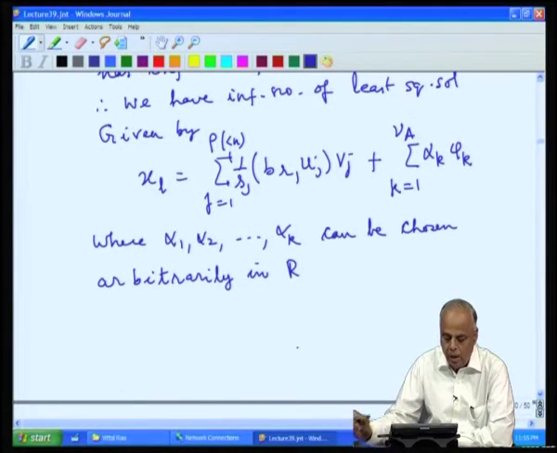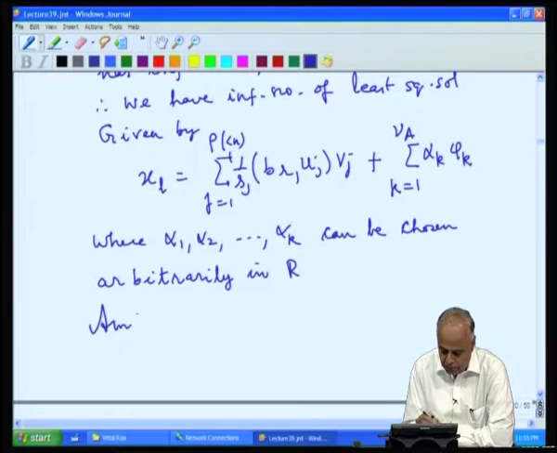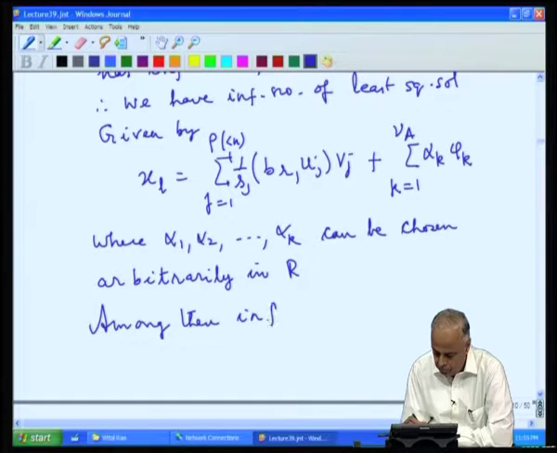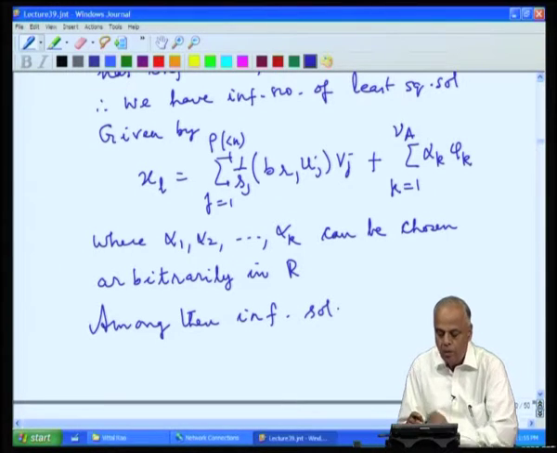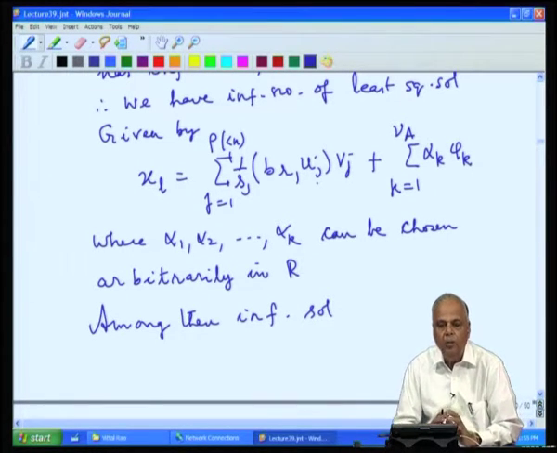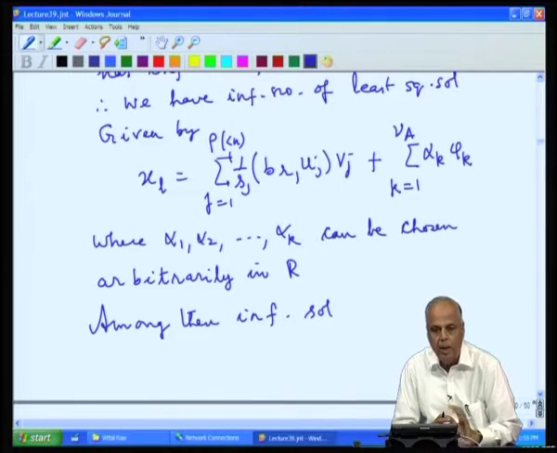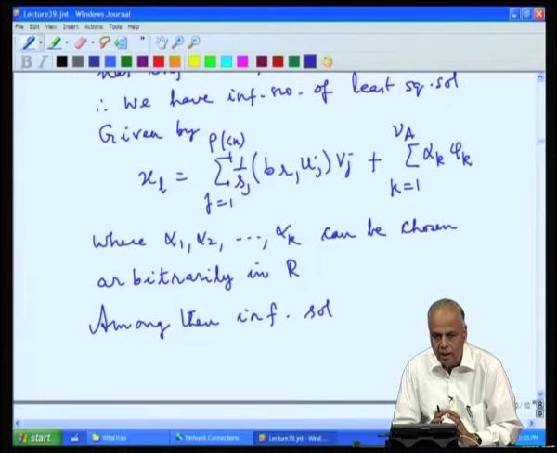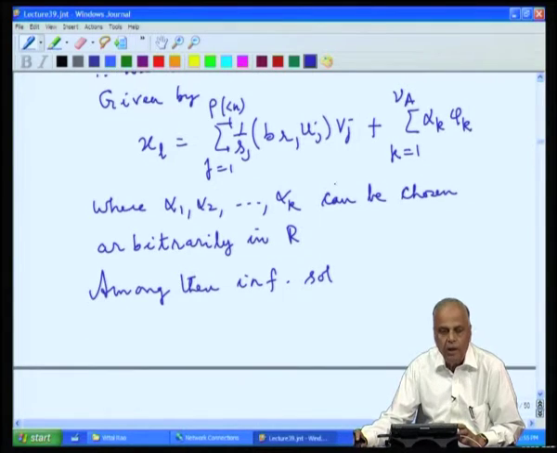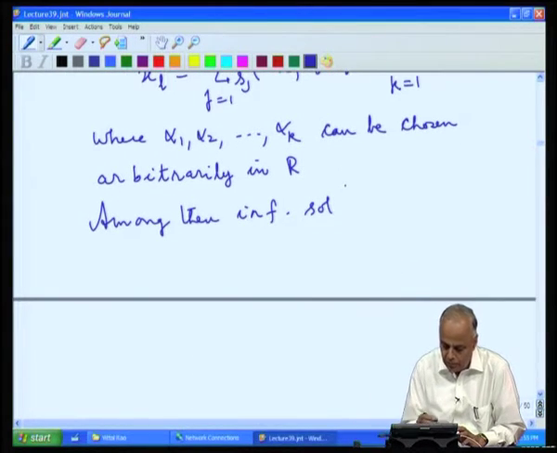So, now again among these infinite solutions, the one consisting of only the range of A transpose part, that is those involving V 1, V 2, up to V rho, that part gives us a vector which is a least square solution and which has the least length, and therefore, it is called the optimal solution.